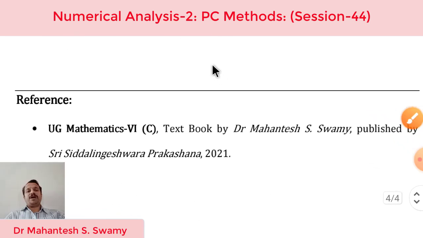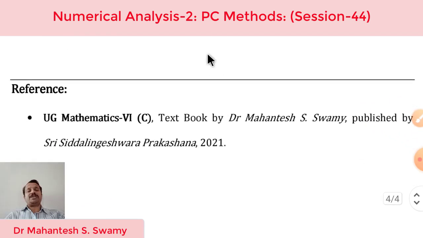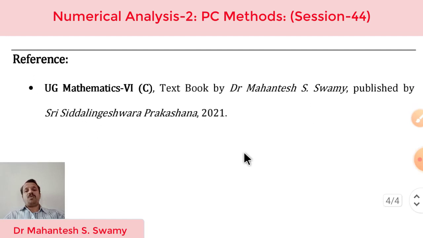So if we take the summary, we can say that in the predictor case, we have first computed the initial approximation to the value, that is y1p we have computed, and successively we moved on to improve the values.